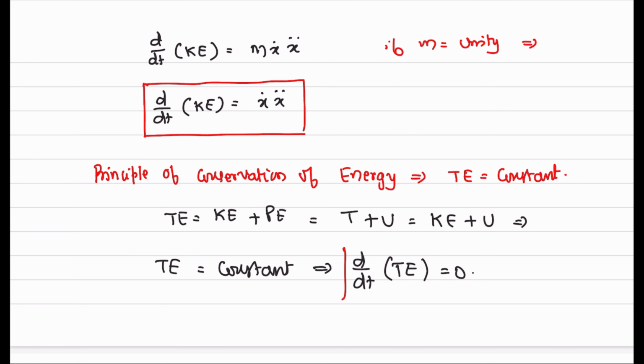The rate of change of total energy of a system is 0, because total energy is constant. The derivative of a constant is 0.